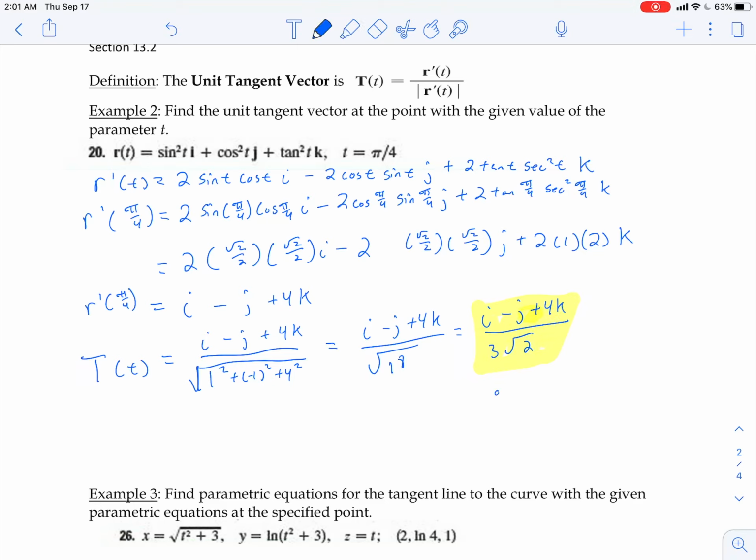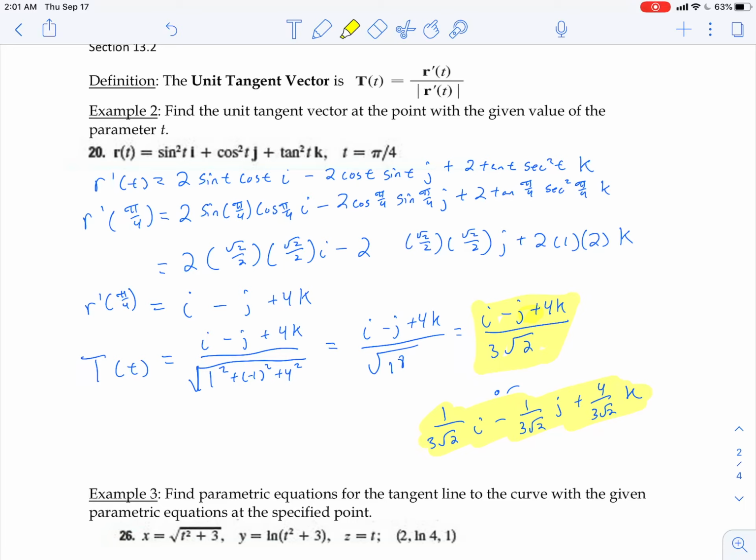You can leave it in this format. Another way you can write this is 1 over 3 square roots of 2 i minus 1 over 3 square roots of 2 j plus 4 over 3 square roots of 2 k. If you want to rationalize the denominator, you can, but you don't have to, and we seldom do that in this class.